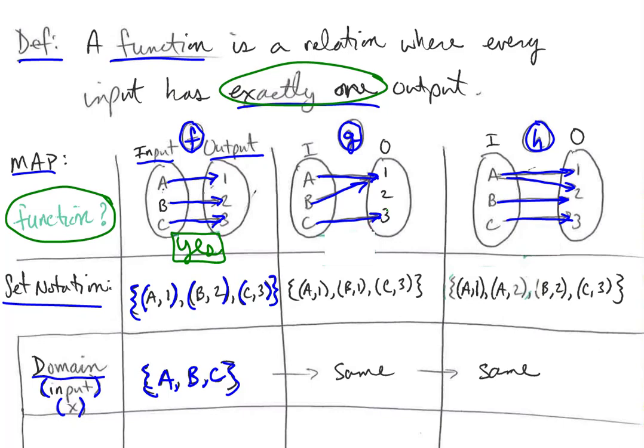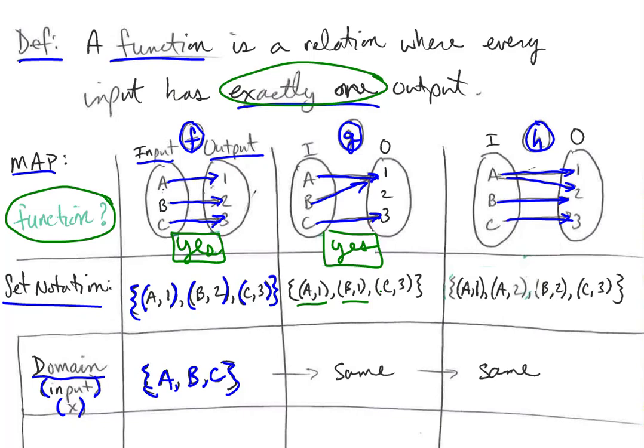A goes to 1, B goes to 1. They each have one, which means, again, we could say, yes, this represents a function by that definition as well. And even in its set notation form, notice you can tell A and B both go to 1. We have A, 1 and B, 1, but again, that doesn't violate the definition, so we're fine with that.